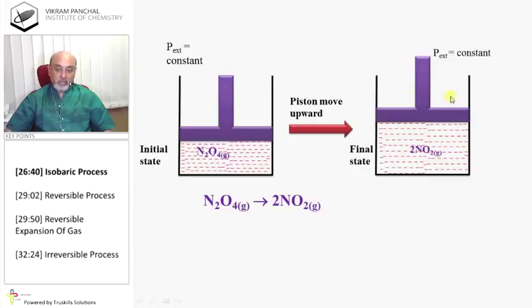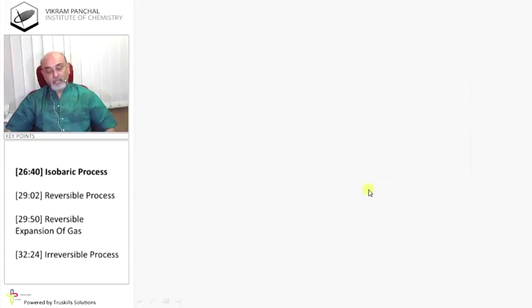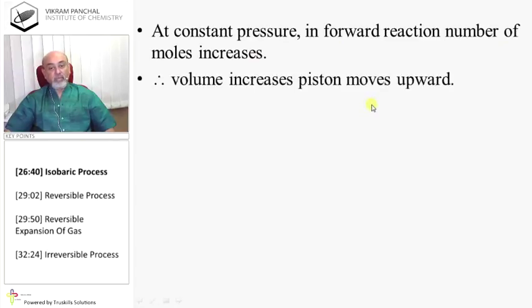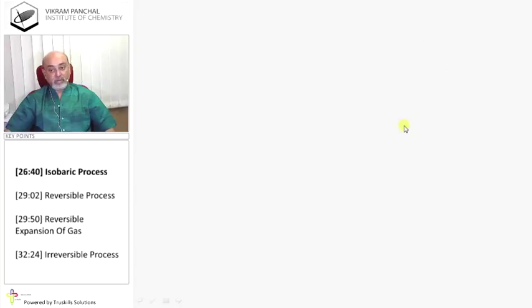We keep the same pressure, but because the number of moles of product is more than the number of moles of reactant, as the reaction proceeds in the forward direction, it requires more volume, therefore the piston moves upward. So at constant pressure, in the forward reaction, the number of moles increases and volume increases, and the piston moves upwards.